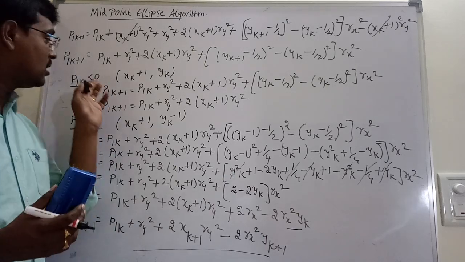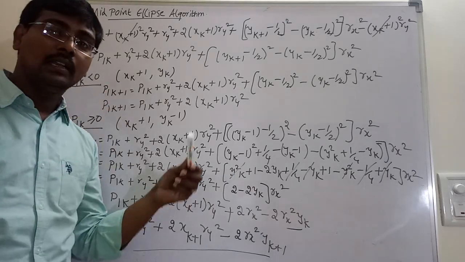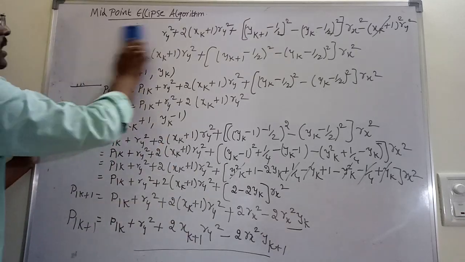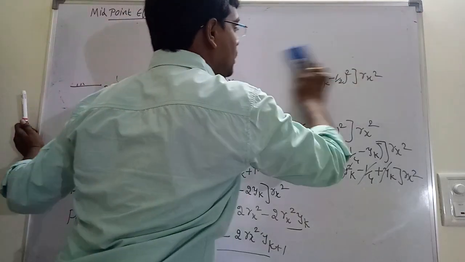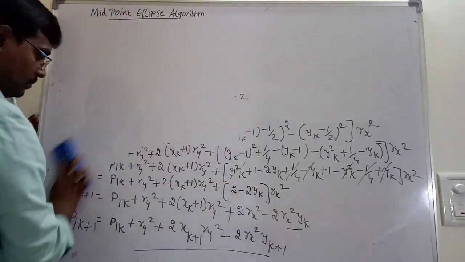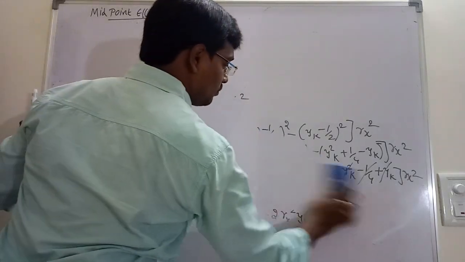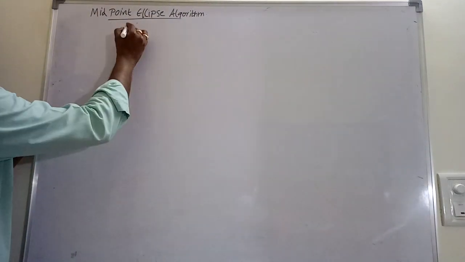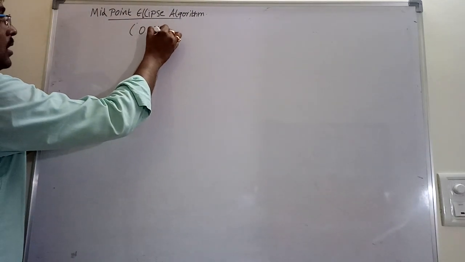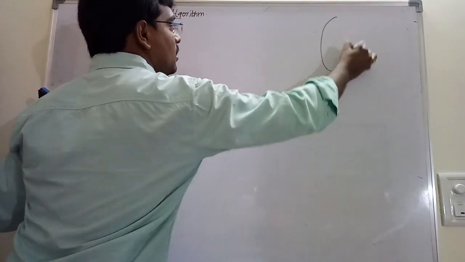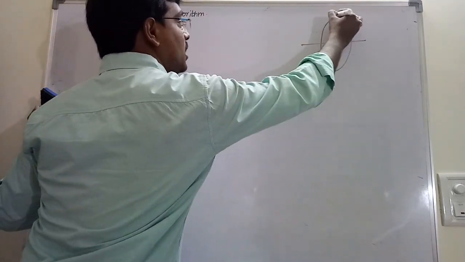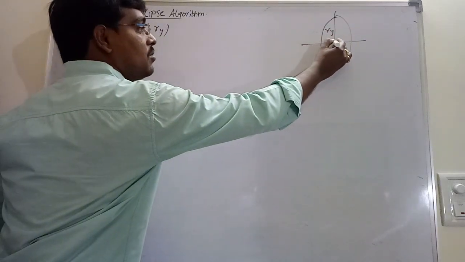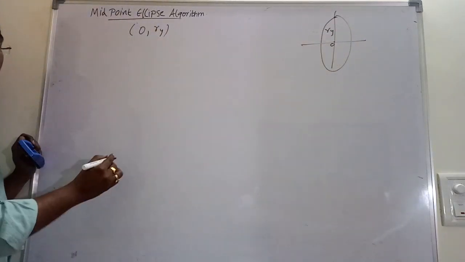After calculating these 2 points, we have to calculate the initial decision parameter. And now the initial decision parameter is, so the point is (0, ry). That means in the ellipse we are starting from this point. The y value is ry, the x value is 0. So (0, ry).